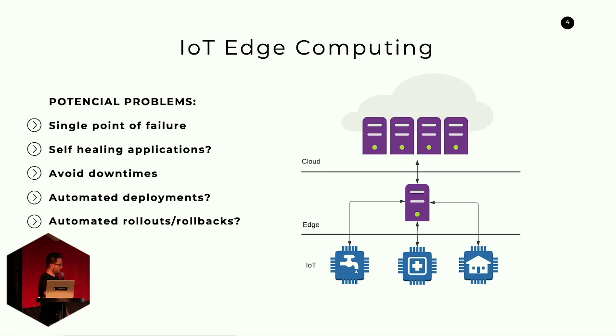I don't know if you can manage this in the cloud, because there we already have some kind of services for exactly this. But on the edge, you won't have them, so maybe you have to write your own software to manage this, which can also fail. And avoiding downtimes when deploying to the edge, there you also need some tooling. And automated deployments, rollouts, and rollbacks.